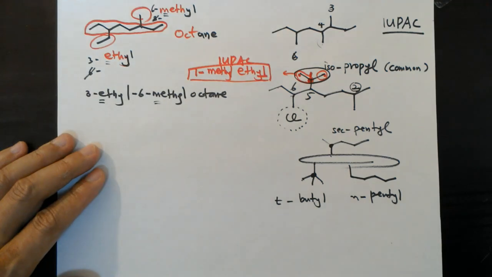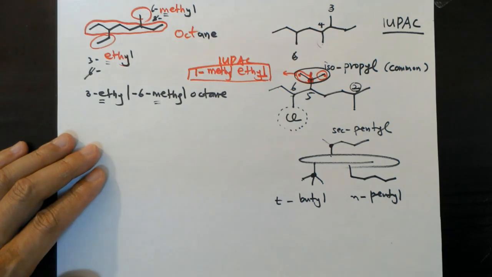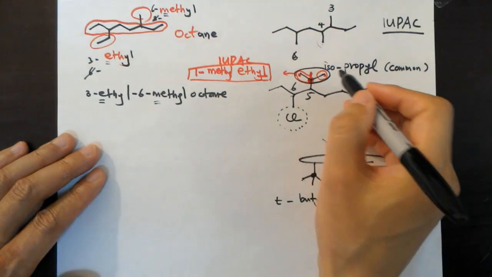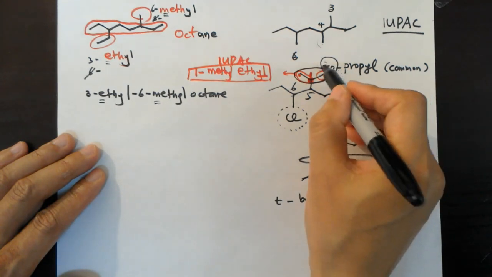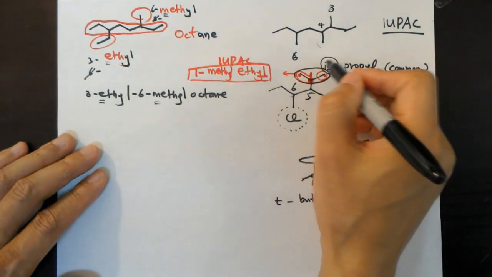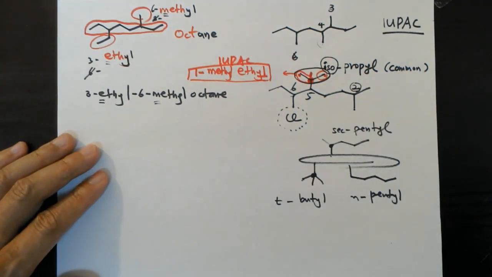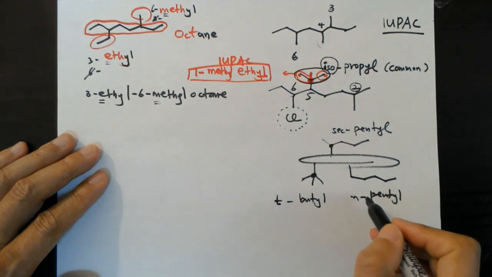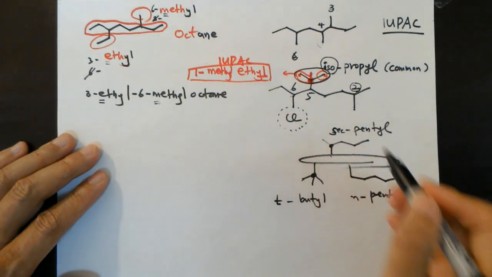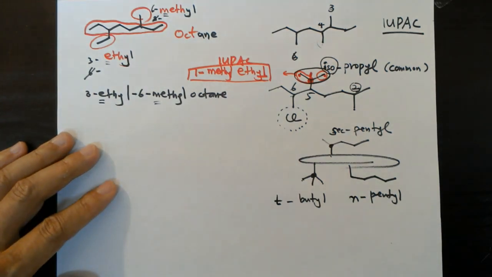So when you put these side chains in the name, you consider iso, the I, as an alphabet letter in the ordering, but you don't consider tertiary or secondary or normal in the alphabetical consideration.